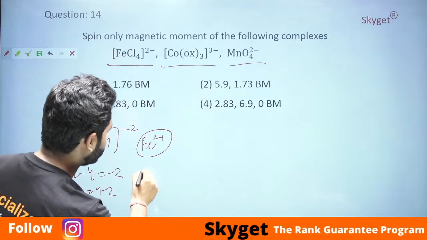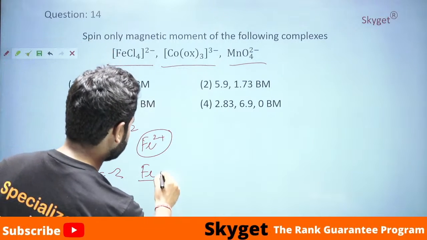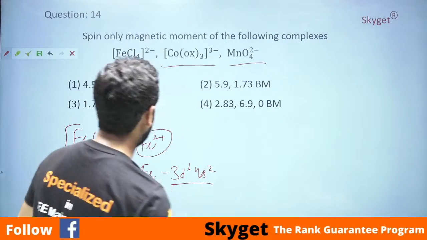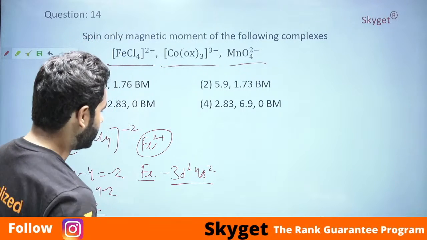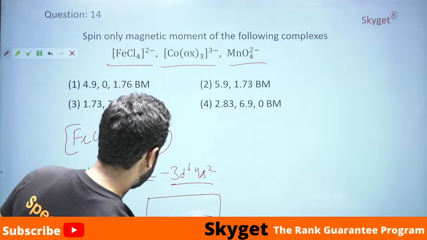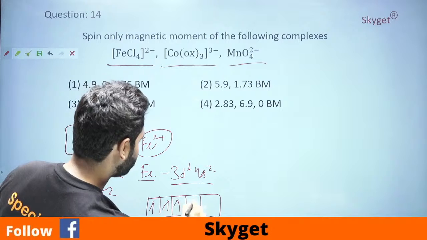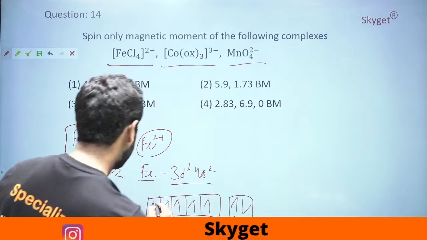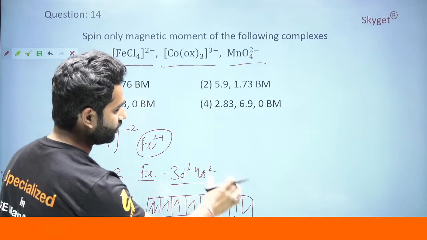Now the electronic configuration of iron is 3d6 4s2. When I say the electronic configuration, it is the outer shell electronic configuration. Now when we have 3d6 4s2, the electrons are present in the orbitals in this fashion: 6 electrons in the d, 2 electrons in the s.